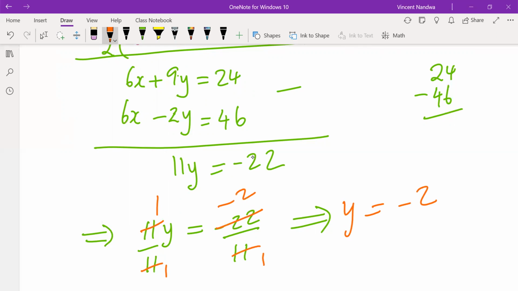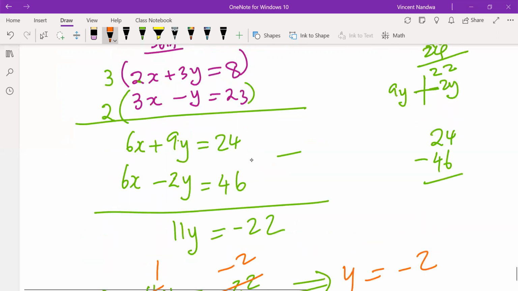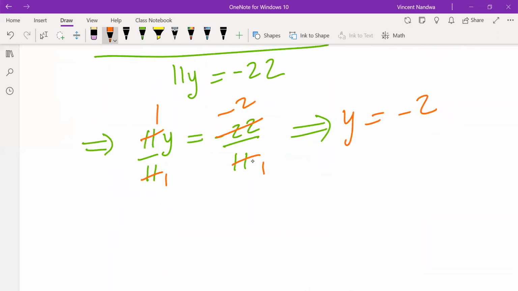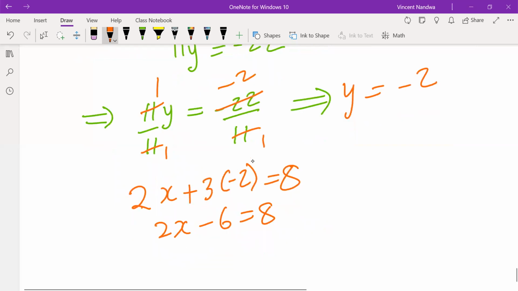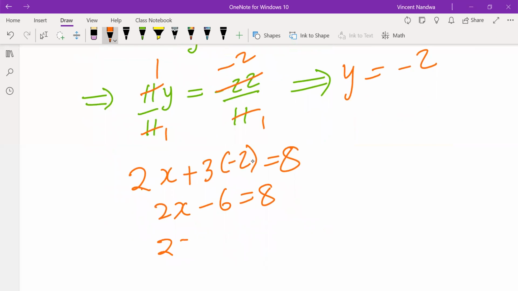And then once we have y as minus 2, let's pick any of the equations to get the value of x. If I use the first one, I'll have 2x plus 3y, but y is minus 2, equals 8. So 2x minus 6 equals 8. Collecting like terms, 2x equals 8 plus 6, which is 14.